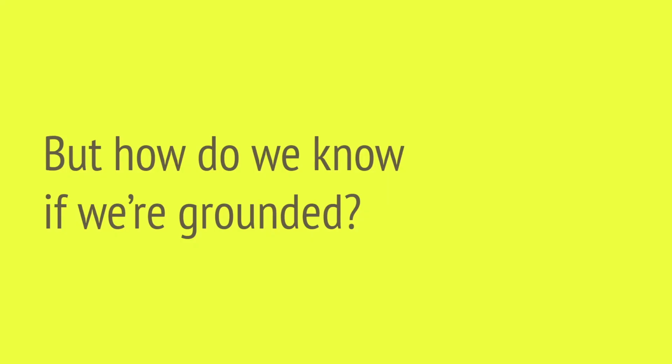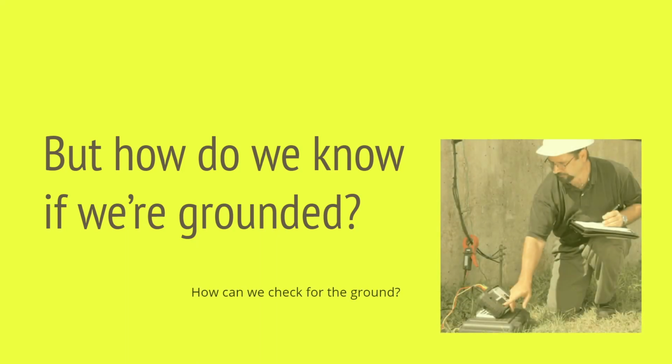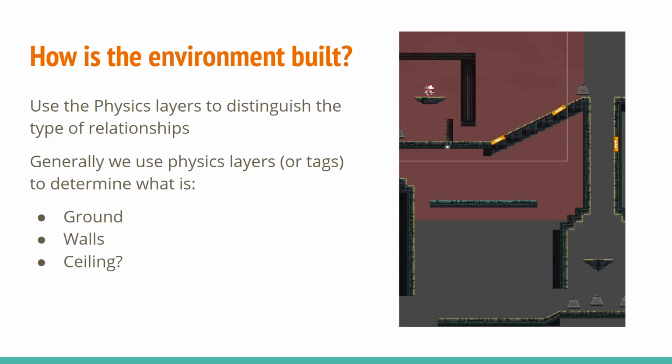Right? How do we know if we're grounded? How do we check for the ground? Pardon the pun. Every so often I think I come up with a really great one. All right. So one thing you can do, if you want to have separate behaviors for ground, jumping versus climbing versus shimmying and so on, is use different physics layers to distinguish different types of relationships.